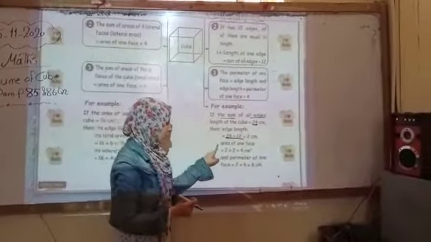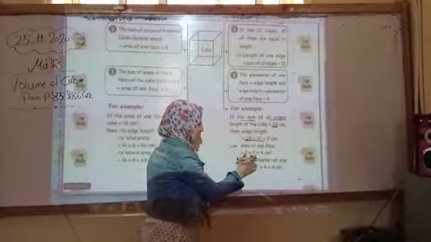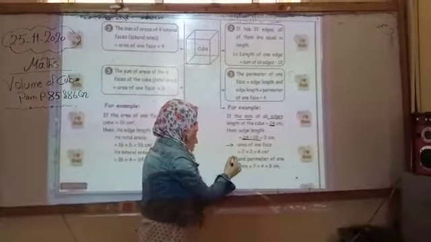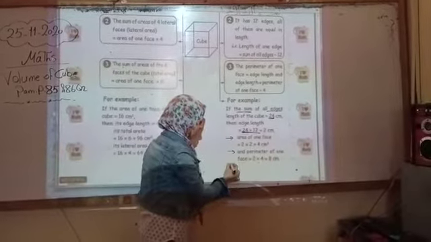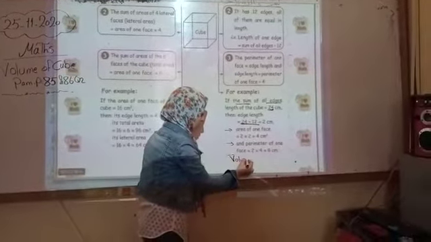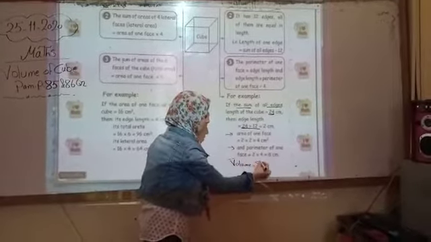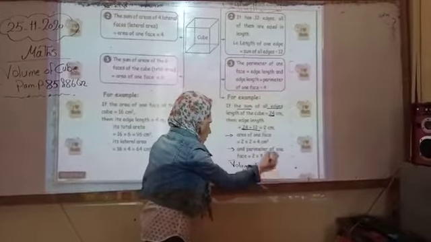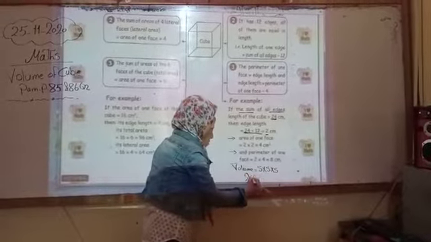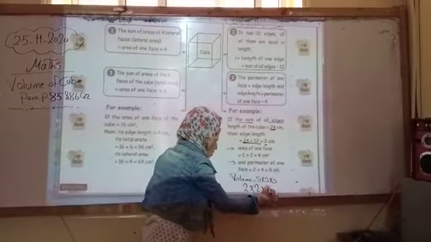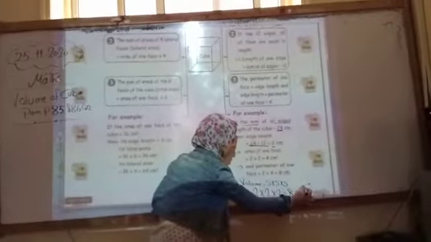So if I want area, side by side equals 4. If I want perimeter, side by 4 equals 8. If I want volume, side by side by side. Side equals 2. We make 2 by 2 by 2 equals 8 cubic centimeter.